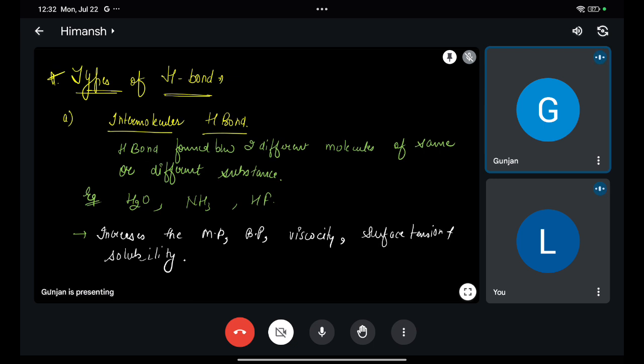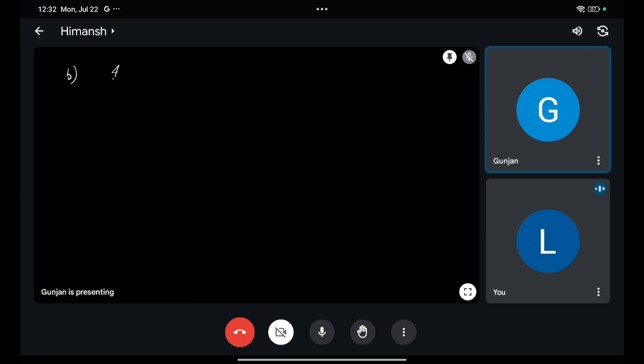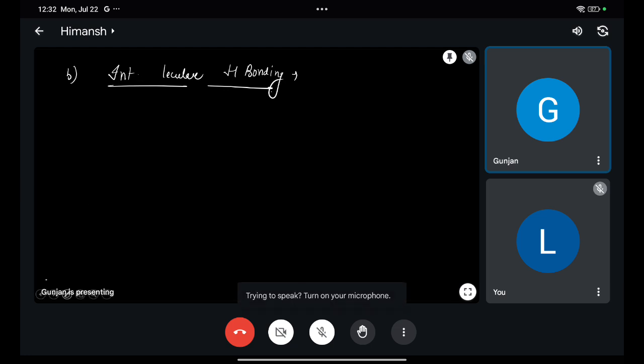And another one is intramolecular hydrogen bonding. We have a hydrogen atom and a highly electronegative atom present in the same molecule.